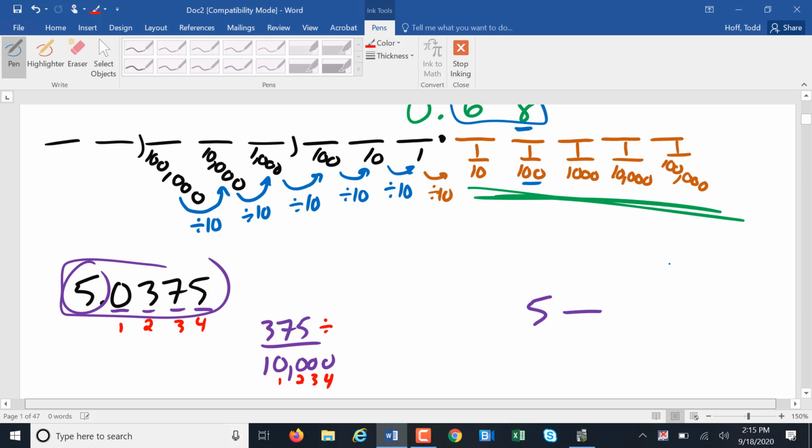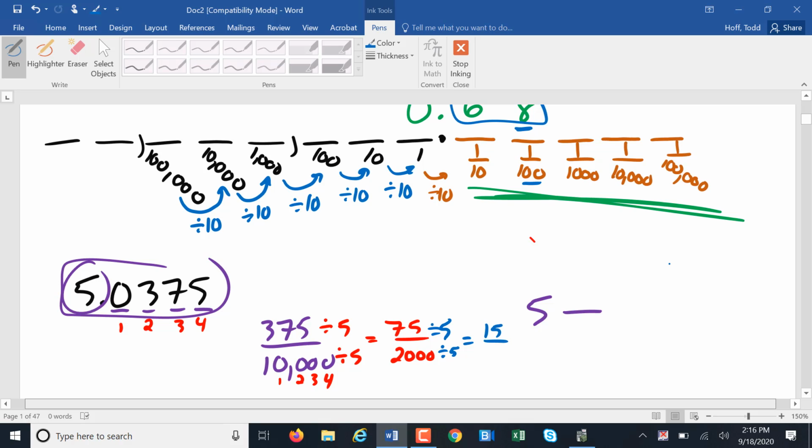Now, of course, that can be reduced. Both of those can be divided by 5. So what does that give us? 75 over 2,000. Both of those can still be divided by 5. You could have divided by 25. You're correct.